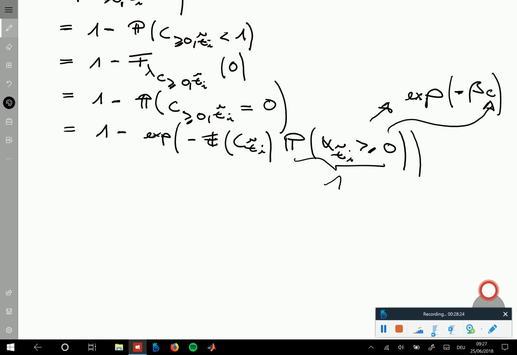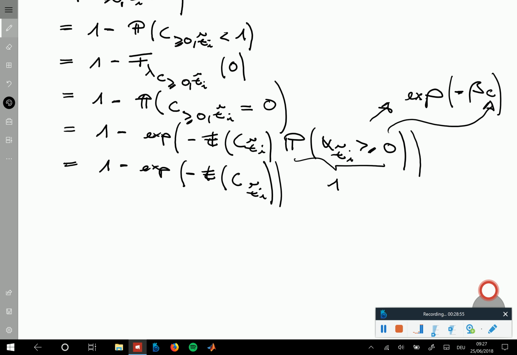From the math, it makes sense. If you think about it, it gets a little more tricky, but the math is simple. So you get 1 minus exp of minus the expected value of the number of clusters at the threshold given by the maximum of this cluster.